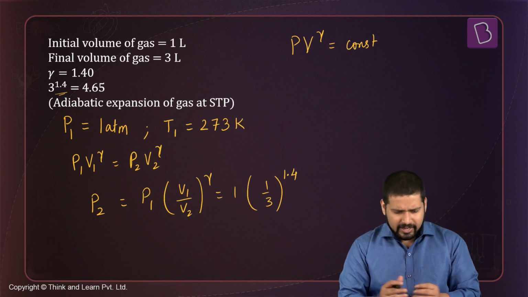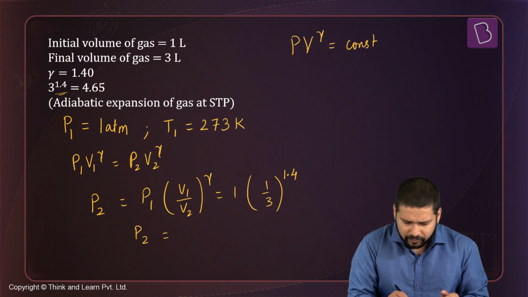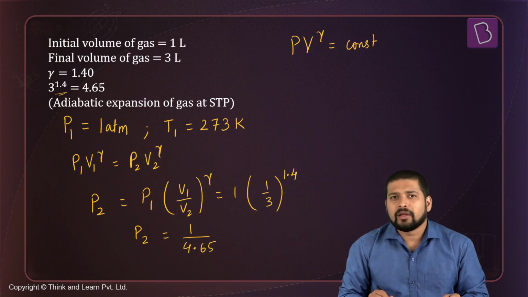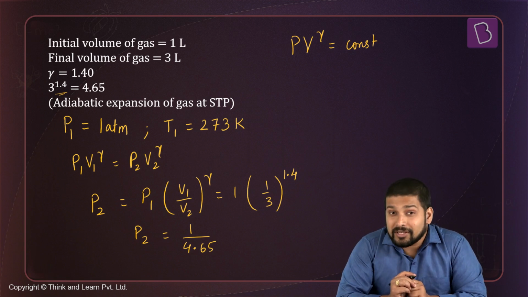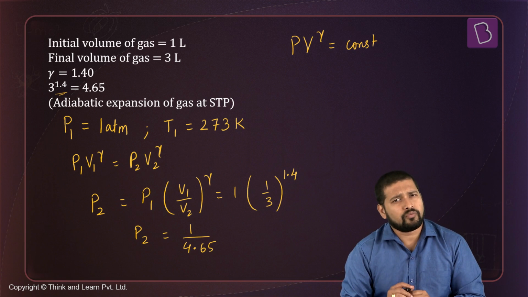The reason being that you need that value in this expression, so you get the value of P2 equals to 1 by 4.65.